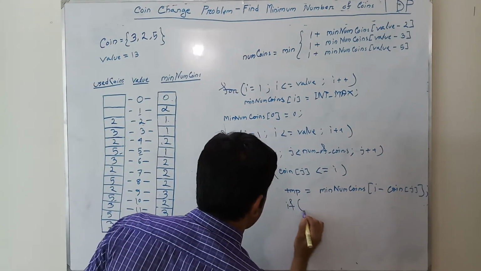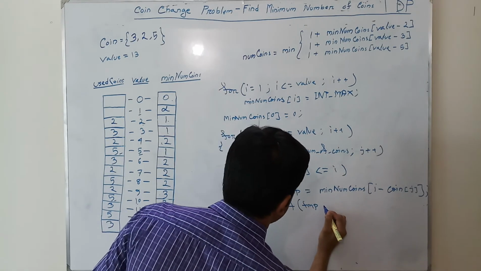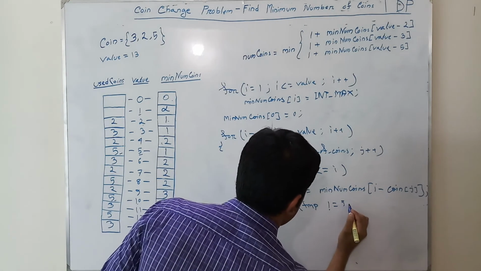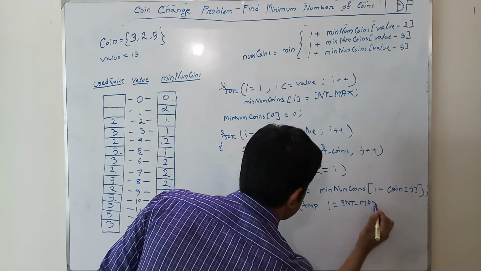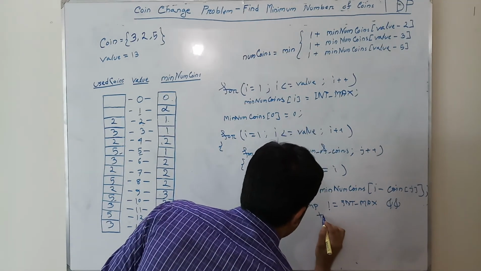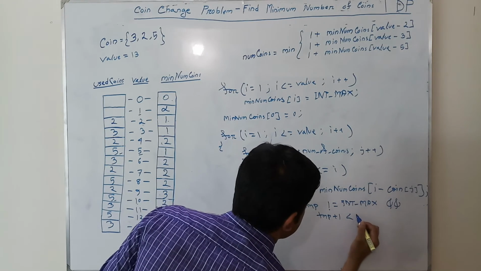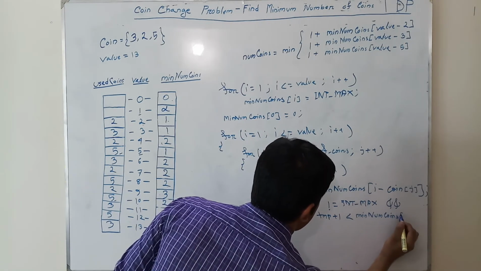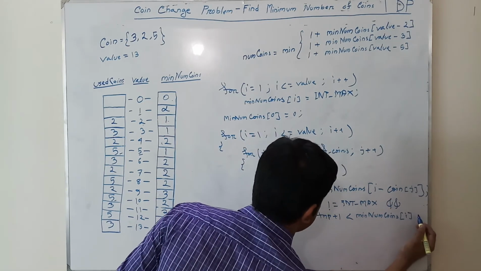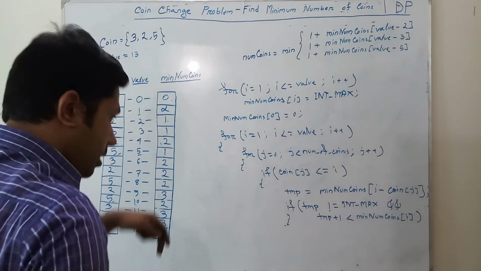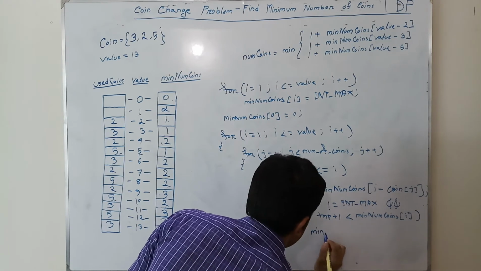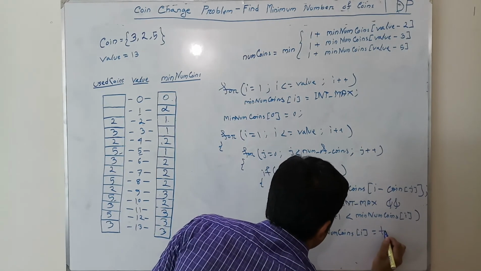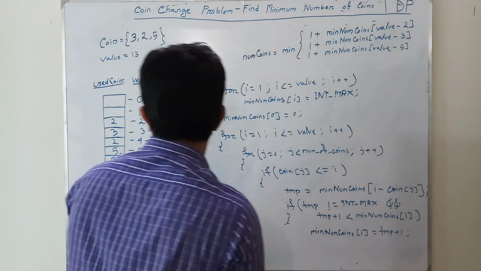If the value temp is not equal to INT_MAX and temp plus 1 is less than the minimum number of coins of the value I, then we'll set the minimum number of coins of I equal to temp plus 1, and we also store the coin used.